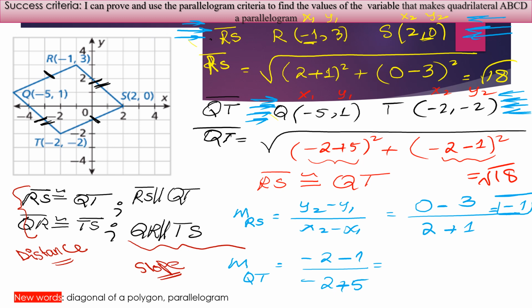And if you write here minus 3 over 3, the answer is negative 1. So you can say that RS is parallel to QT. If we understood this part, then we can prove the same thing and do the same thing with the other line, that is QR and TS.